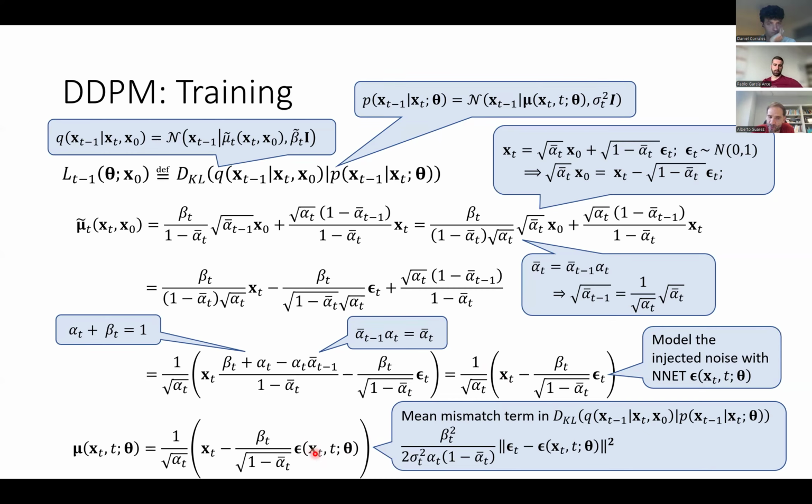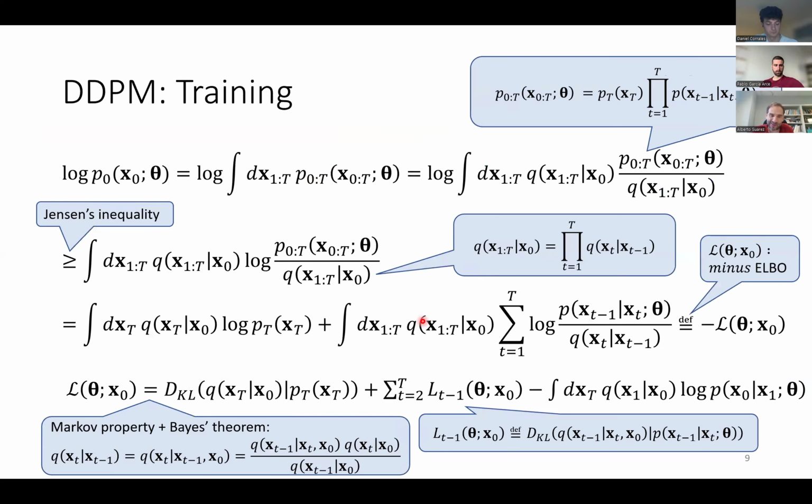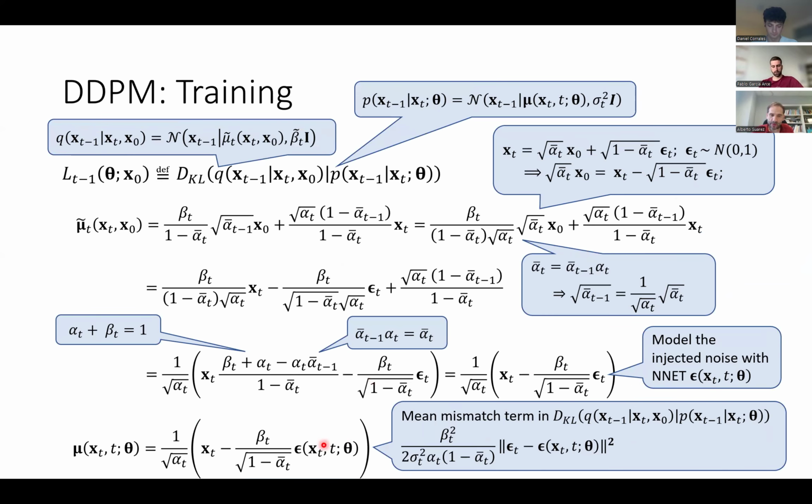The idea is that I'm going to try to model the noise that I had injected into x0 to get xt. So from this observation, in the Kullback-Leibler divergence that appears in the ELBO bound of the likelihood, the only mismatch is going to be related to the difference of means. That's the only mismatch.